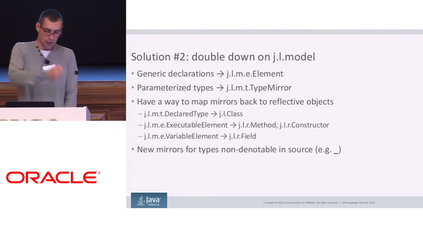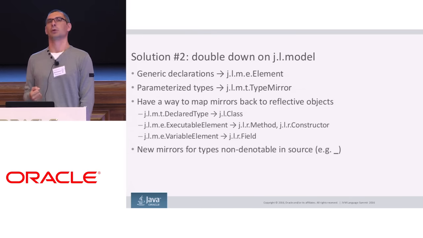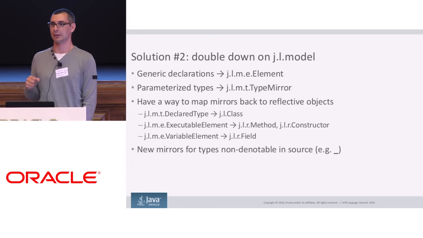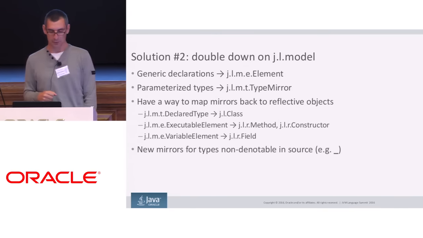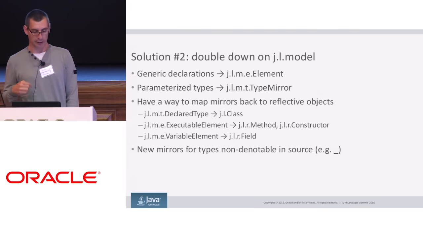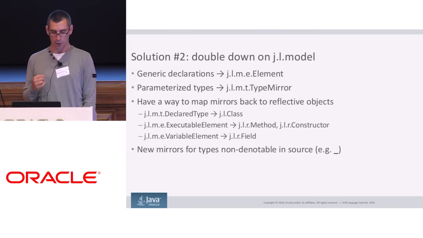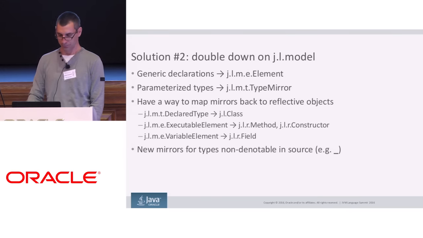If I have an executable element, which is the Java model lingo for method, I can go back to a java.lang.reflect.Method. If I have a variable element, I can go back to a Field. And also, I will probably need to add a few mirrors for the types that are non-denotable in the source, like the raise token or the any for wildcards and such.